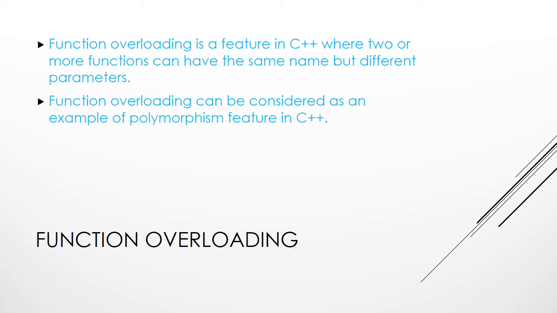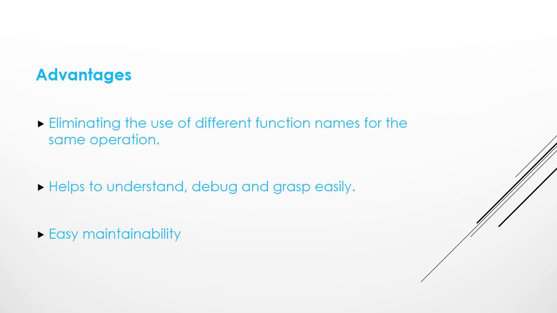For example, if the first parameter was int, then in the second it can be float, or in the third it can be character, etc. That is, the type of the parameter can be varied while keeping the function name the same. And this is the feature known as function overloading.